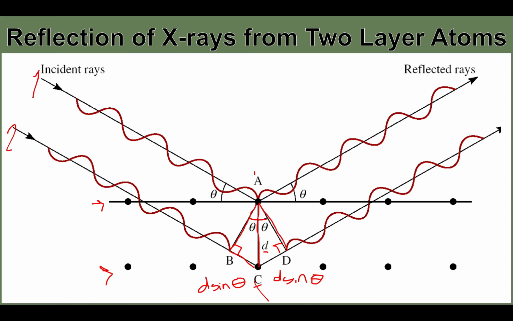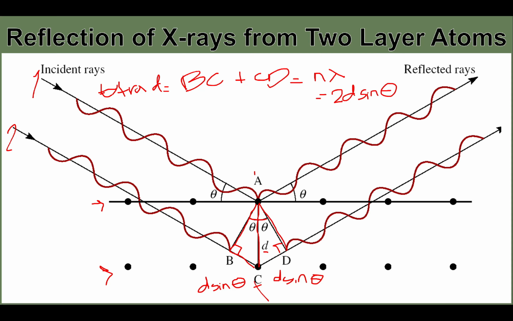So the extra distance traveled by the lower ray is equal to BC plus CD, which is equal to n times lambda, where n is an integer and lambda is the wavelength of the X-rays. So this will be equal to 2d sine theta. This is what we call the Bragg equation.